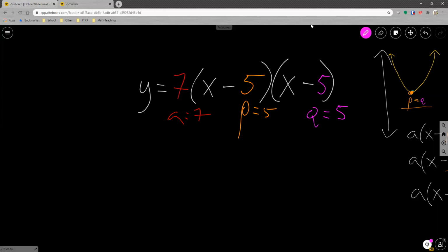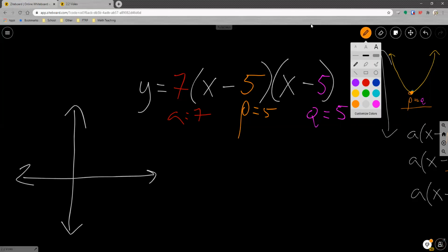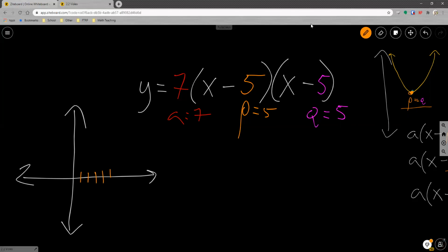So if I were to graph that, that means my P and Q values are the exact same spot. 1, 2, 3, 4, 5. This is my P value and my Q value.